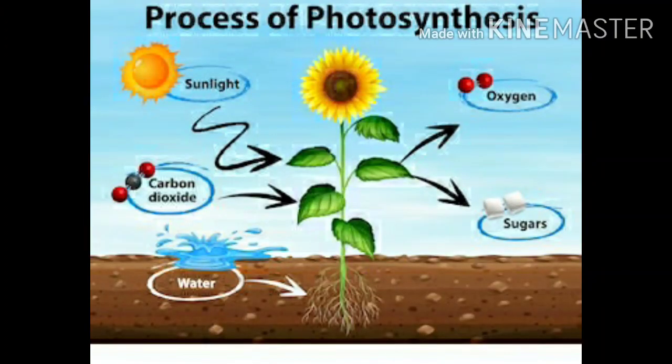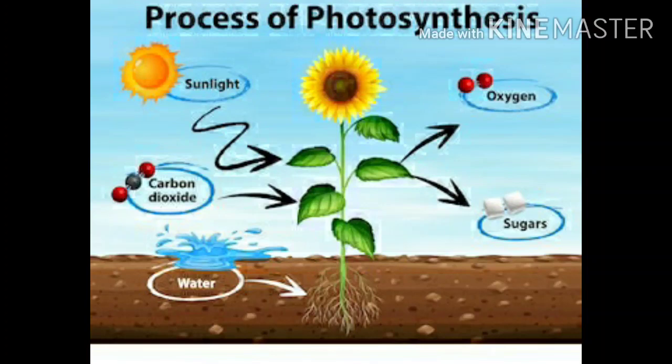In this type of venation, veins run parallel to each other, and examples of parallel venation are banana, grass, wheat leaves and monocot plants. So now you can easily define reticulate venation and parallel venation, and you can write examples of both. Now we will discuss the functions of the leaves.